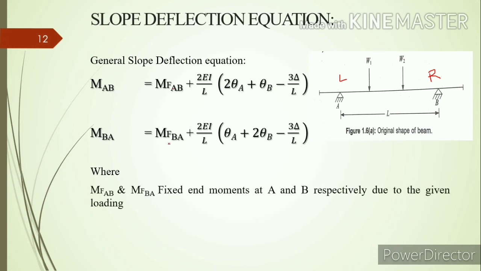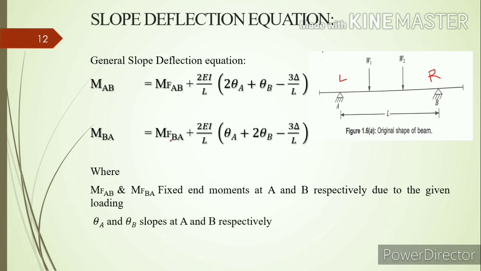They are the fixed moments at A and B respectively due to the given loading. Fixed moments means we consider that member as a fixed beam. Both supports are considered fixed, and the moment at this fixed end due to the applied loads is known as fixed end moments.